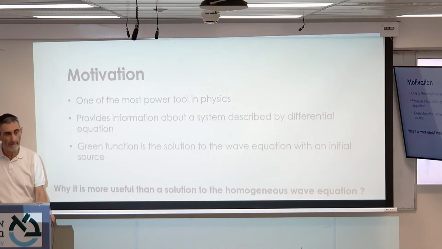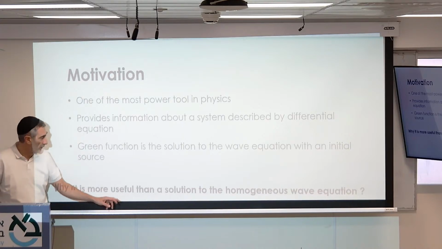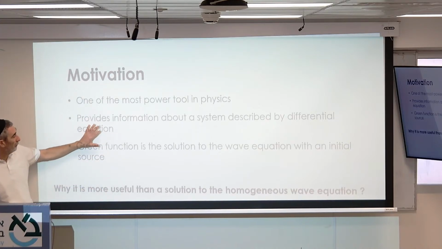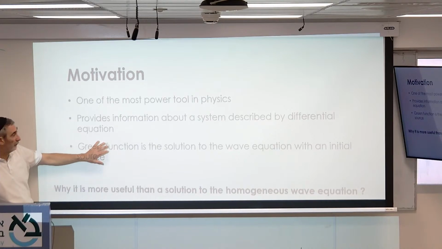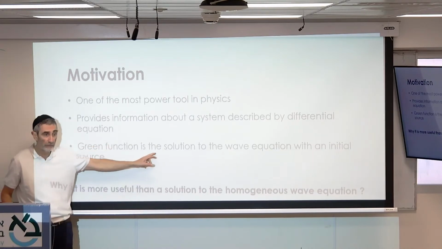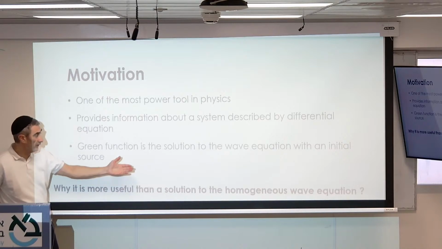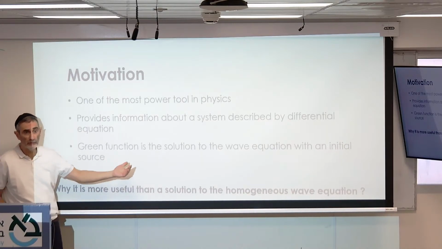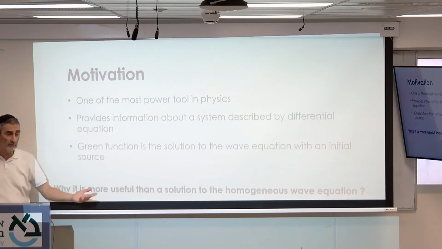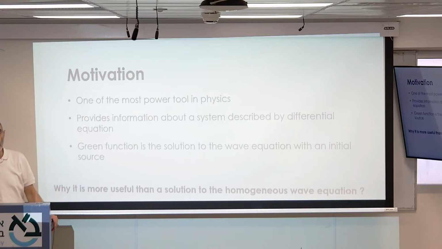So why is it more useful to solve the problem of the Green function? It's a problem of the wave equation with a source term, rather than solving the homogeneous wave equation and finding the eigen solutions, eigenmodes, and all that.